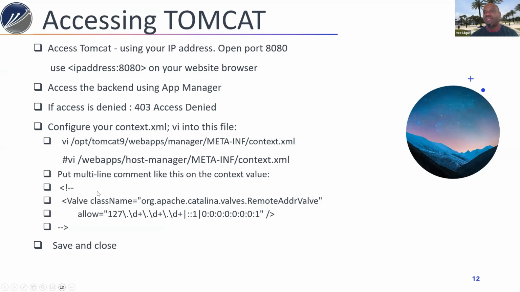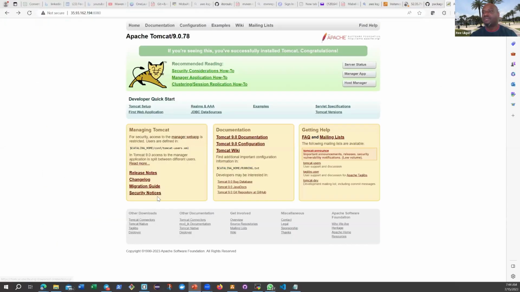Once you do that, you need to put a comment, because it's an XML file, and this comment would comment this out. You probably need to do that on both the host manager file and the web app file. If you do one and it doesn't work, go ahead and do the second one and it should work. So that's what we're going to do right now.